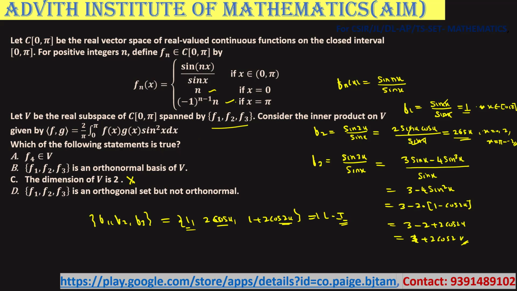V is the subspace spanned by these, and since they are linearly independent, it is a basis for V. So therefore dimension of V equal to 2 is wrong. But check whether it is orthogonal or orthonormal, or orthogonal.